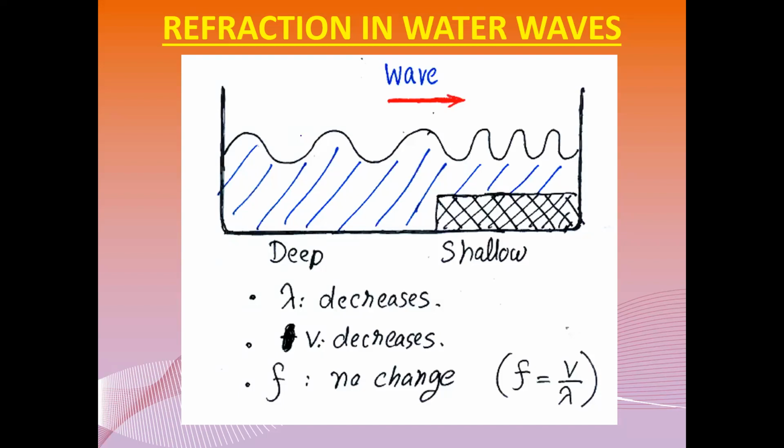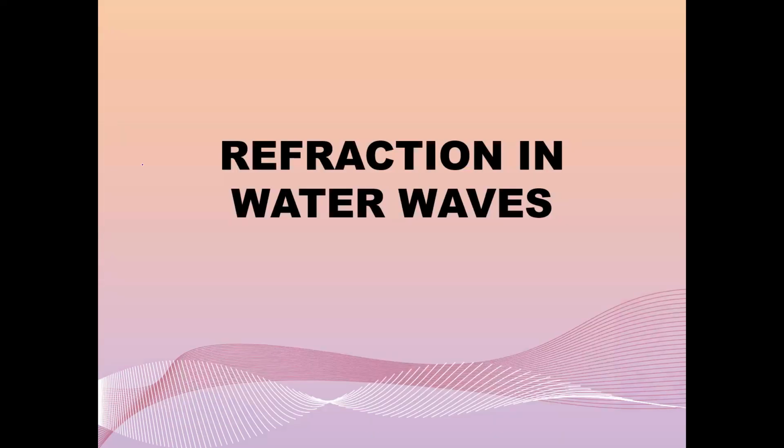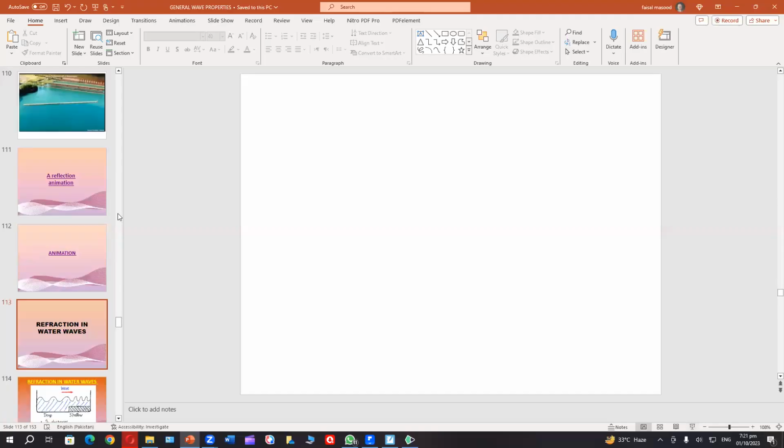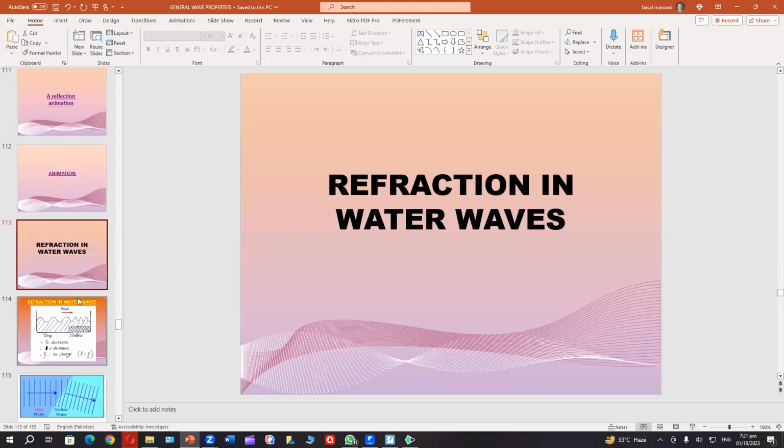Suppose you are standing on the seashore, you can see water waves coming from deep water to shallow water. There's a change in density. When there is a change in density, wavelength changes, and this is called refraction. So what is refraction? Refraction is a process when waves move from one medium to another.